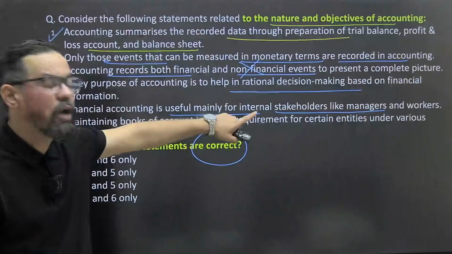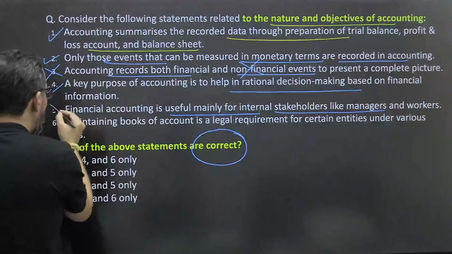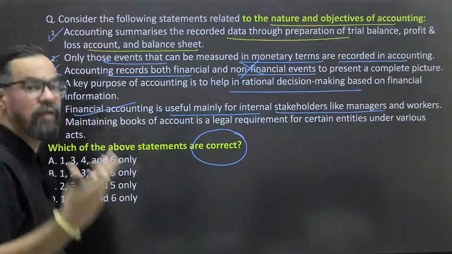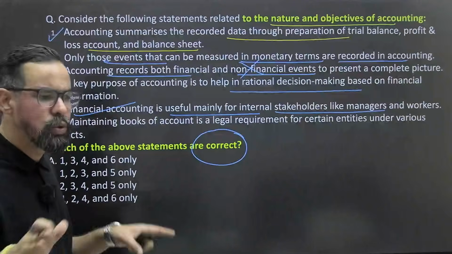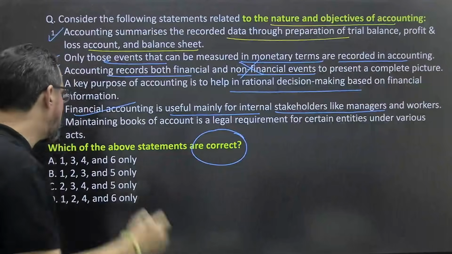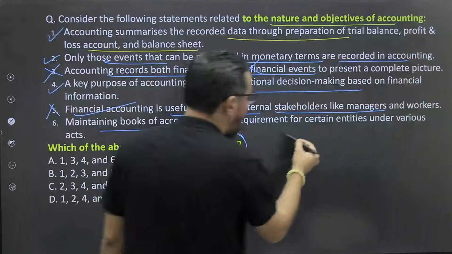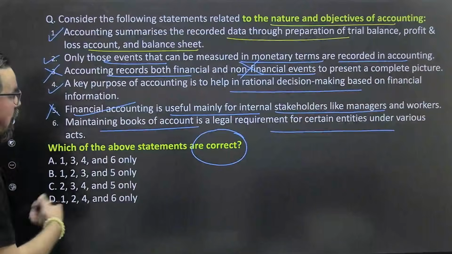For this, we have managerial accounting and cost accounting. Financial accounting generally helps external stakeholders like investors, shareholders, or others interested in that company.